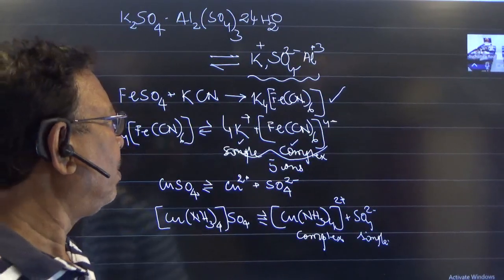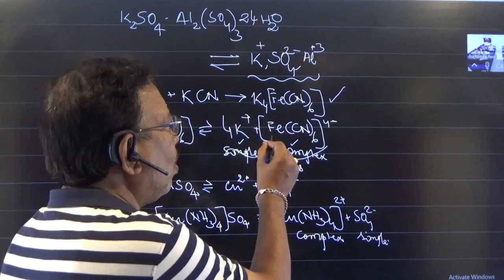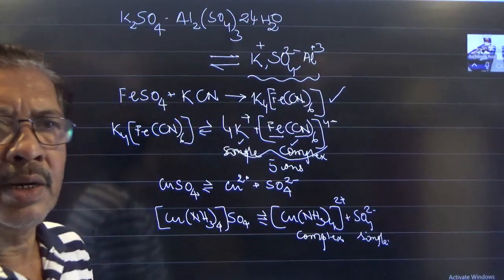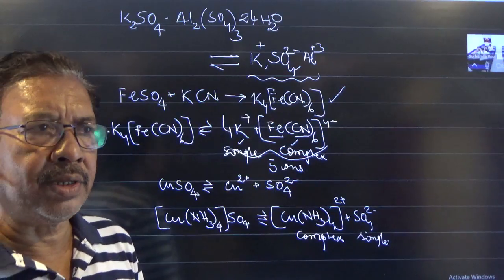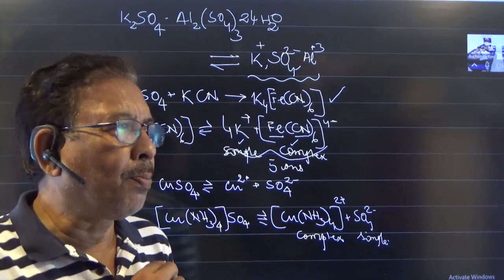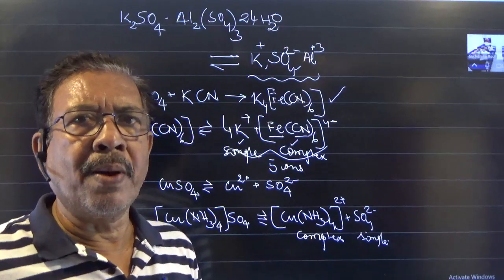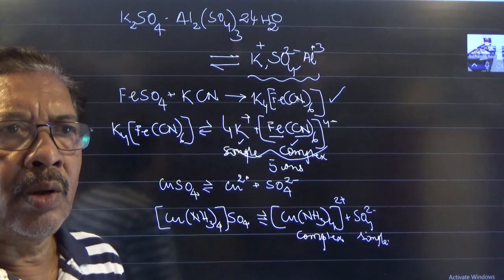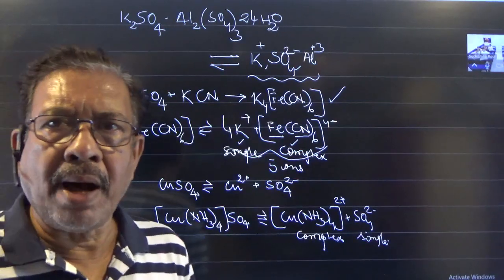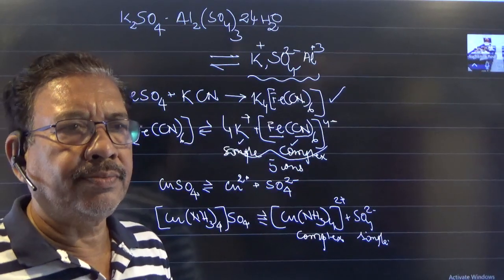No question of iron and cyanide. Although iron and cyanide are both present, it will not give their chemical test. That means, another definition: complex compounds are those where the identity of some ions is lost. Write it down.